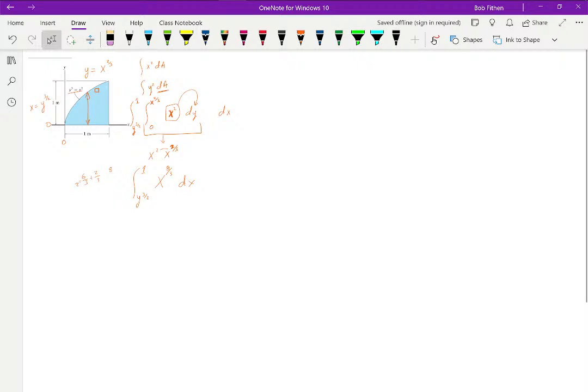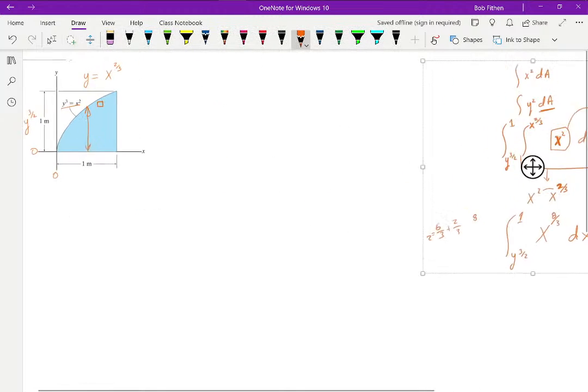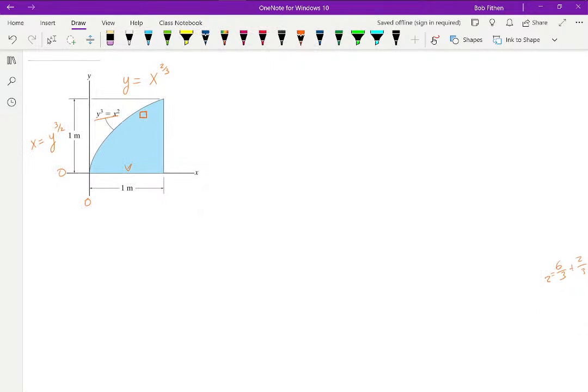What I'll do is take what I've got here, move it out of the way, and then let's run our vertical bars first. I'm sorry, I meant to say horizontal bar.